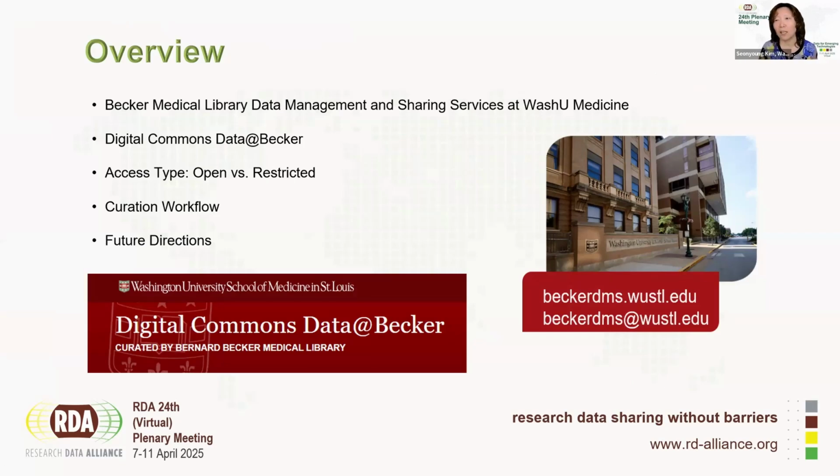So we are very unique in that we offer both open and restricted data access. I will go over our curation workflow and then future directions of what we can do better and are considering to improve.